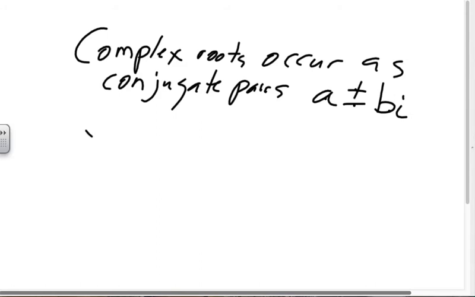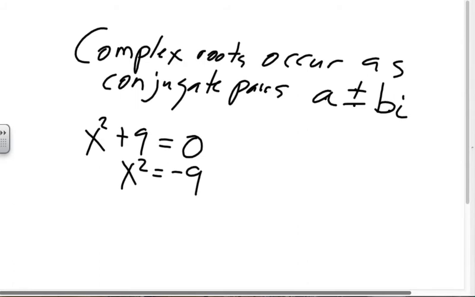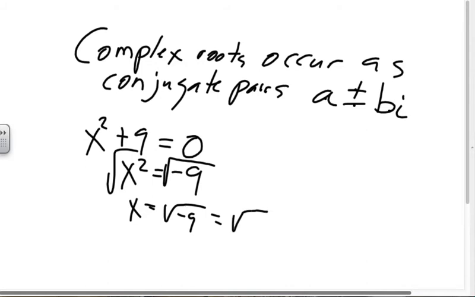Let's take a look at an example of a complex root. Let's deal with x squared plus 9 equals 0. You want to find the zeros of this. Typically you would think quadratic, but I don't have an x term. So I could just move my 9 over, and then we take the square roots. And so I end up with x equals plus or minus the square root of negative 9, which equals plus or minus the square root of 9 times the square root of negative 1.